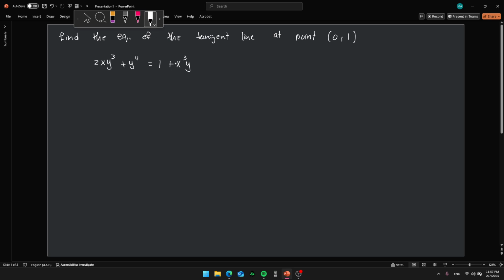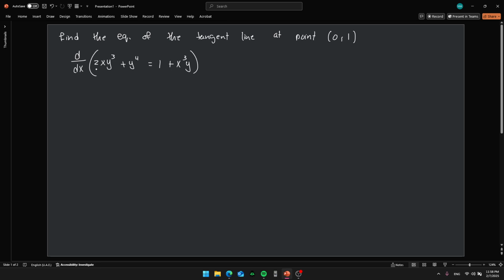Now, to find the derivative, we have a function and we need to derive it and then plug in 0 in the derivative. So this is an implicit differentiation. If you haven't taken implicit differentiation, please skip this video because you haven't taken it yet. So we will derive both sides of the equation, d over dx.